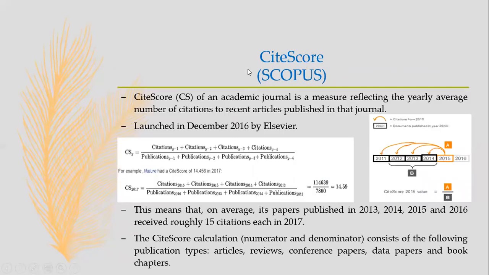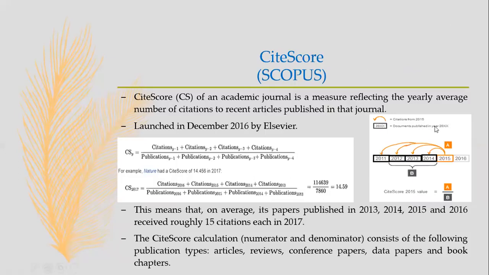We again have something called the CiteScore, which we saw on the website of Scopus. The CiteScore is again a contemporary metric to the impact factor, and the CiteScore is calculated by Elsevier. It was launched in 2016, and this year, in 2020, the formula has been revised. Until very recently, it was considering 3 years of data, but from this year, 4 years of data has been considered.